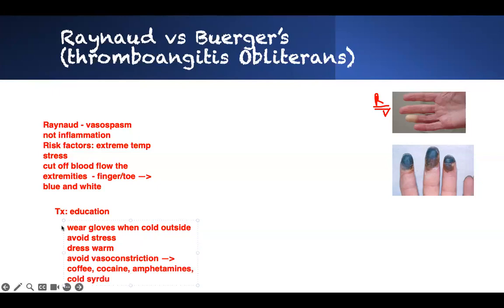When you get a cold, be careful, when you go and drink them, it can trigger the problem because they all have vasoconstrictors. That is the way they function. So you tell this patient to avoid all these medications. Of course, tobacco is also a trigger. So avoid tobacco as much as possible.